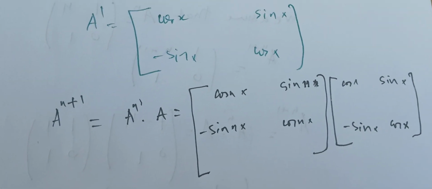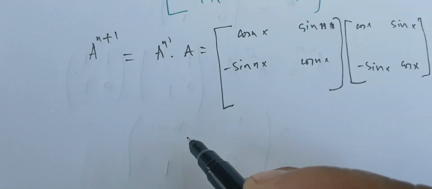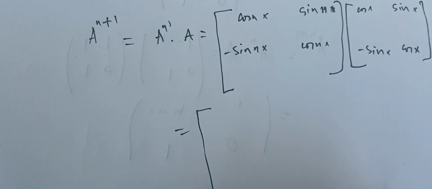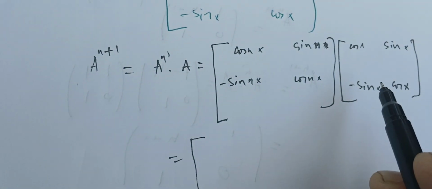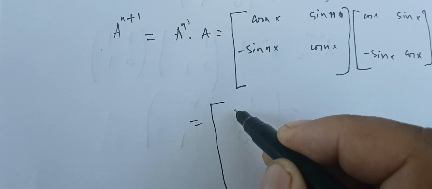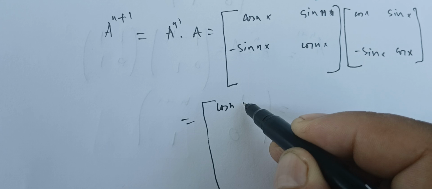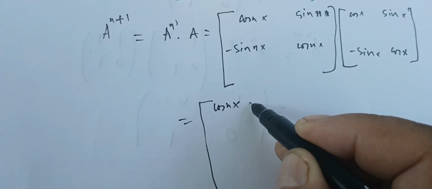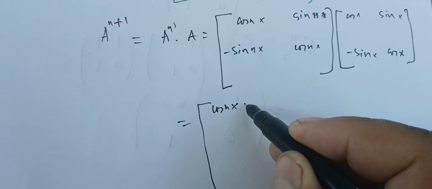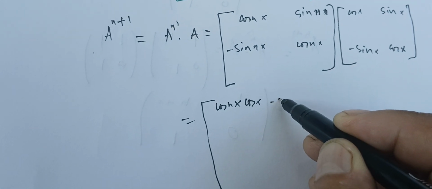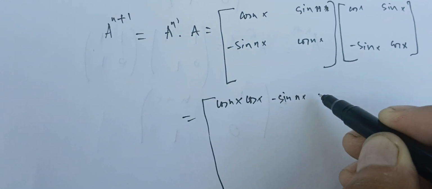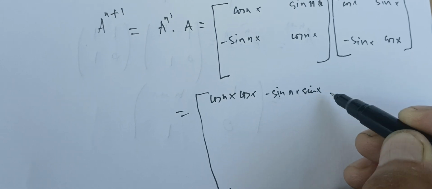Now we're going to use the product of two matrices. Here we're going to multiply this row by this first column. The product should be component-wise. We get cosine nx times cosine x minus sine nx times sine x.